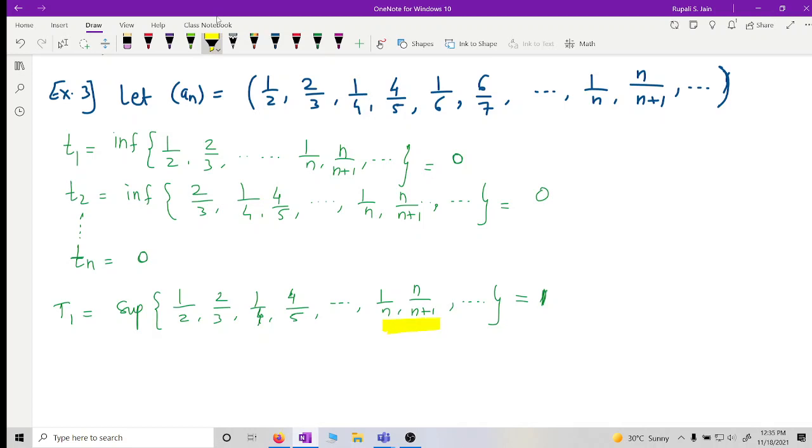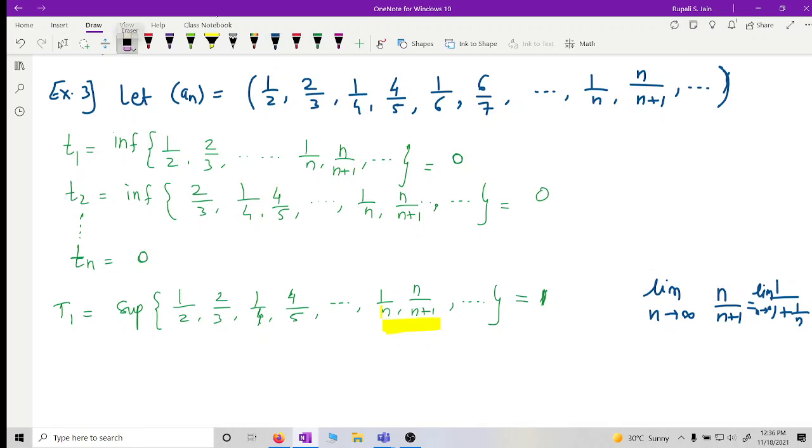Now you don't know the next terms, but I have the nth term and the n plus 1th term. So if I take the limit as n tends to infinity of n upon n plus 1, what will this be? 1 upon 1 plus 1 by n, limit n tends to infinity.